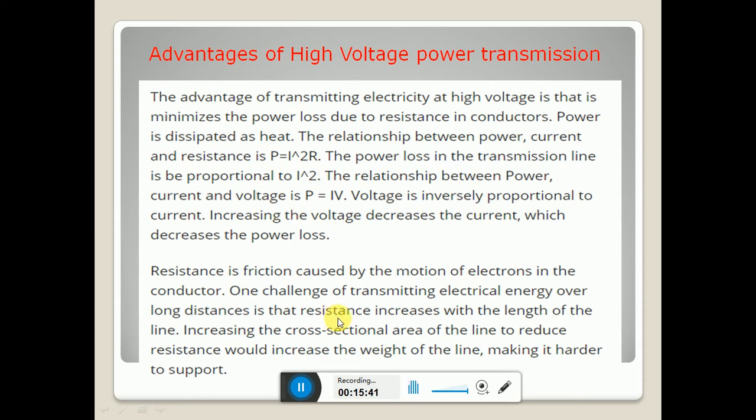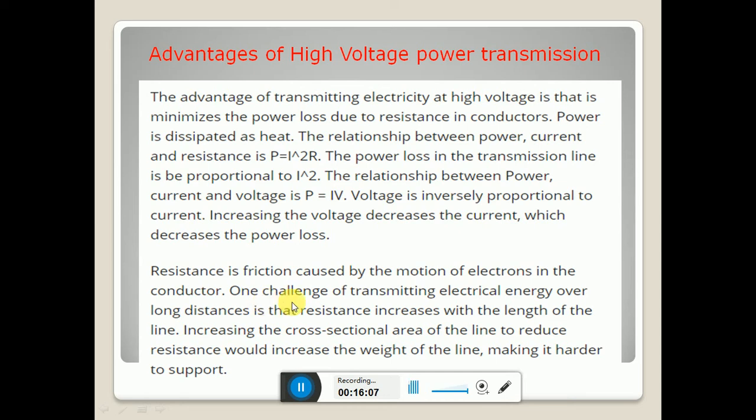In order to decrease the resistance, if you use cables having a higher cross sectional area, then it would increase the weight of that line. If you use very broad cables which are very long, with high cross sectional area, that will increase the weight of this line, and it is not at all preferable to support that cable. So we can't increase the area of cross section of the cable.